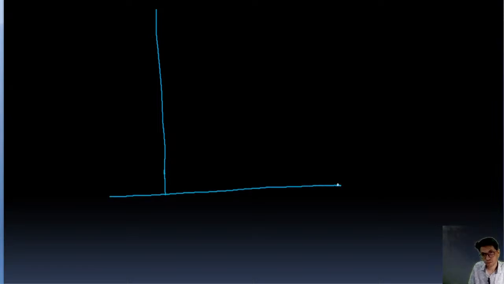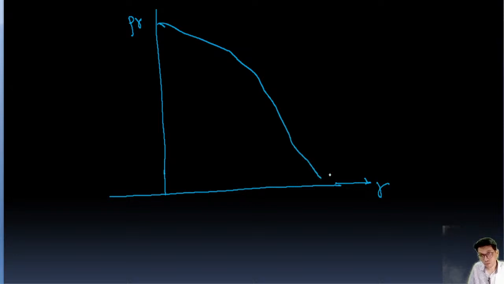So here, if we draw the graph between r and rho r, this graph is going to be like this.